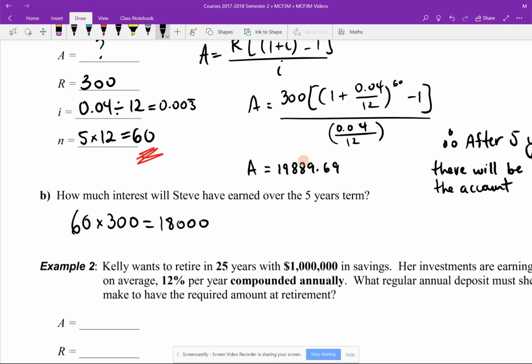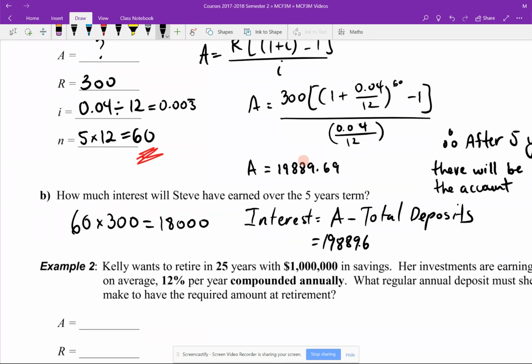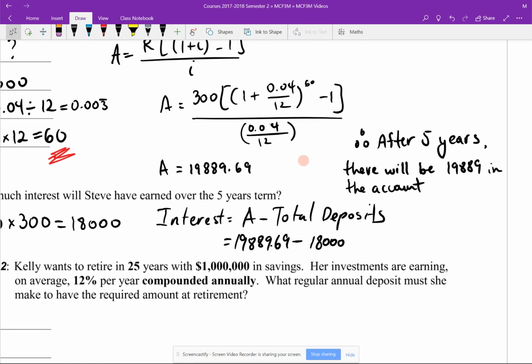If I want the interest, it's just the amount minus the total deposits. So if I have the final amount of $19,889.69 and I subtract the $18,000 I deposited, $300 every month, the money left over is the actual amount of interest I earned.